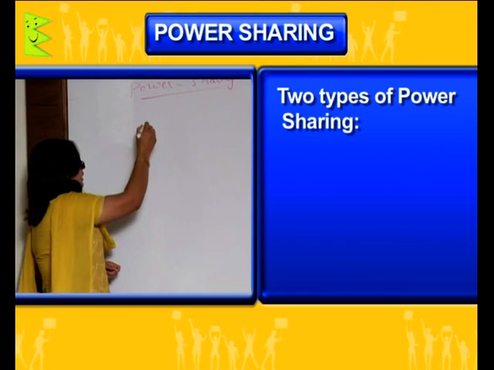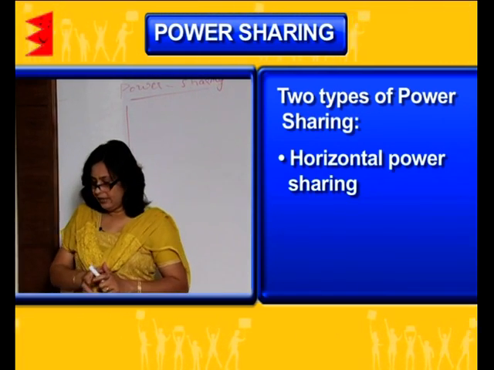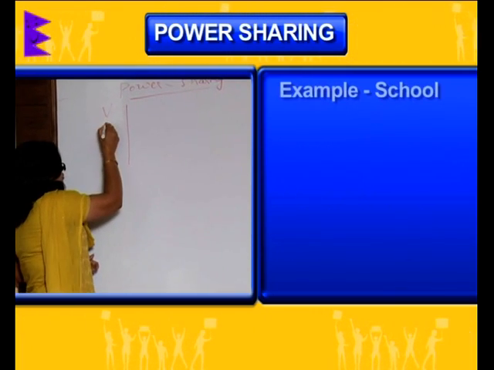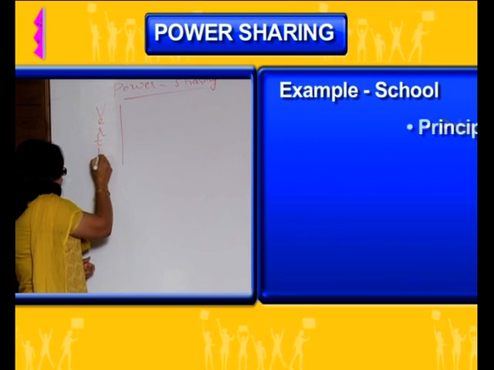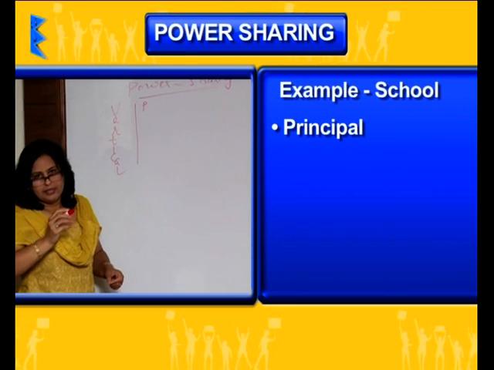So, there are two kinds of power sharing. One is the horizontal and the other is the vertical. In a vertical setup, first of all, when we see, the principal on the top enjoys all the big powers.